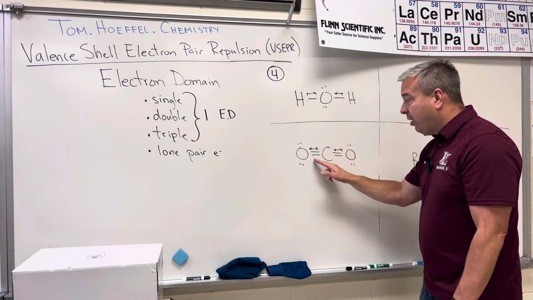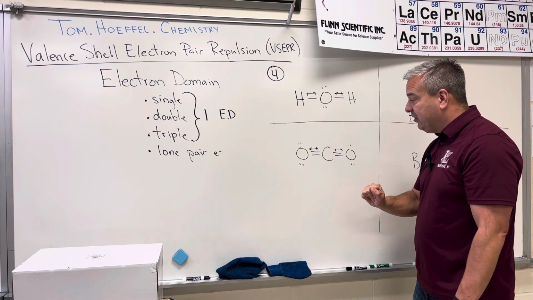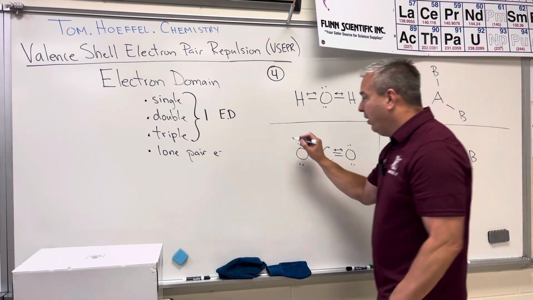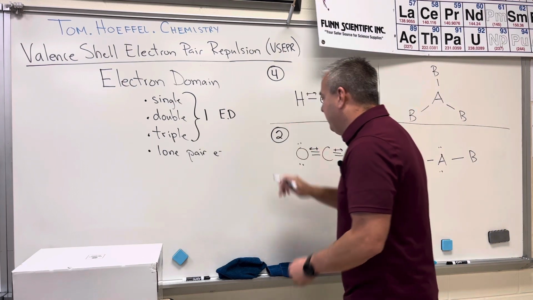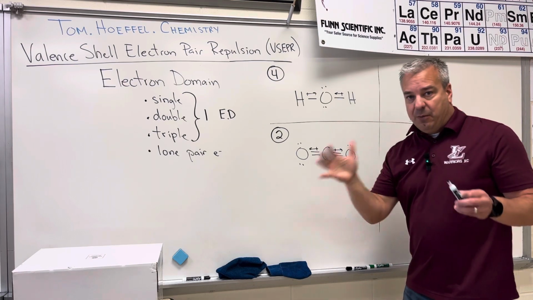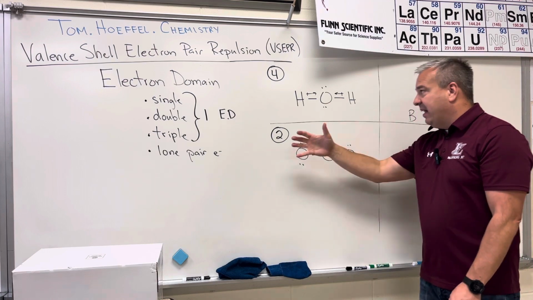Around the carbon, there are no lone pairs, just this double bond and this double bond, for a total of 2 electron domains. I'm hoping you start to understand how to count these electron domains.